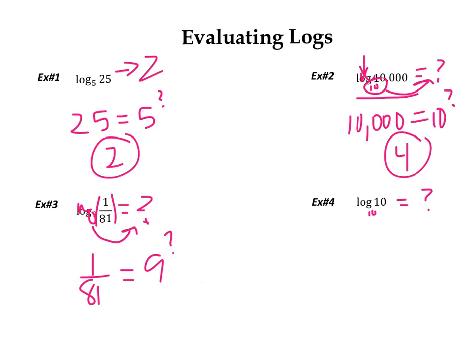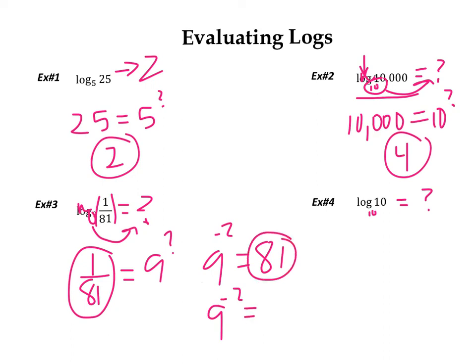Negative exponents deal with those fractions. So technically, 9 to the 2nd power equals 81. But since we're dealing with a fraction of 1 over 81, this is where we put it as a negative 2. 9 to the negative 2 flips this 81 upside down. That's 1 over 81. So, log base 9 of 1 over 81 is negative 2.